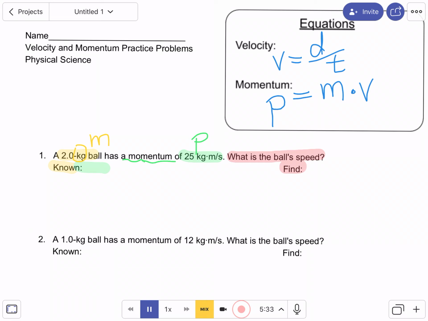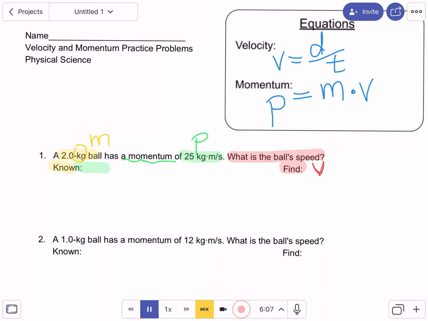And what I need to find is my speed or velocity. So I use v even when they ask for speed, because the numeric part of it, the part that I would actually calculate, is the same whether it's a speed or velocity. I just use the velocity equation all the time. It's one less variable to keep track of, so I just say v there.